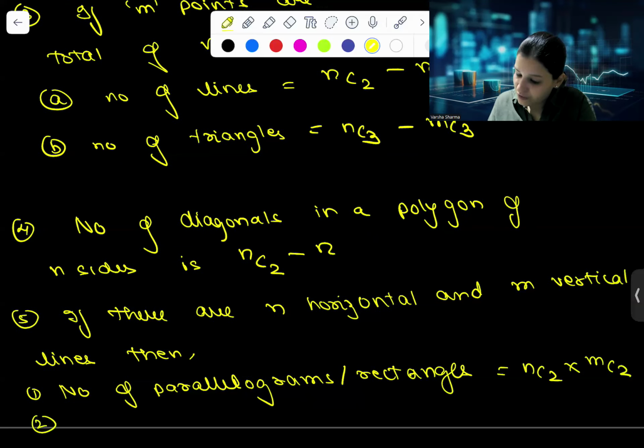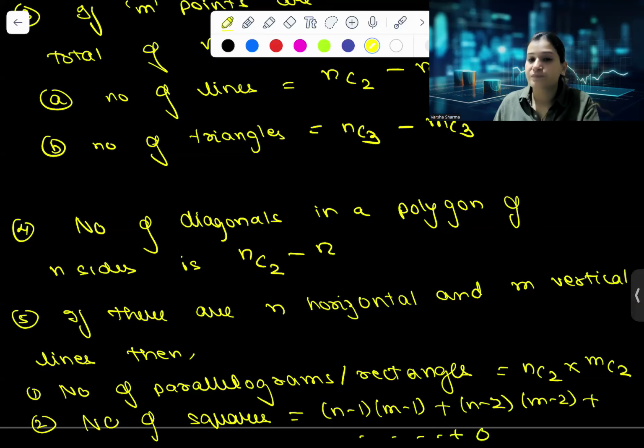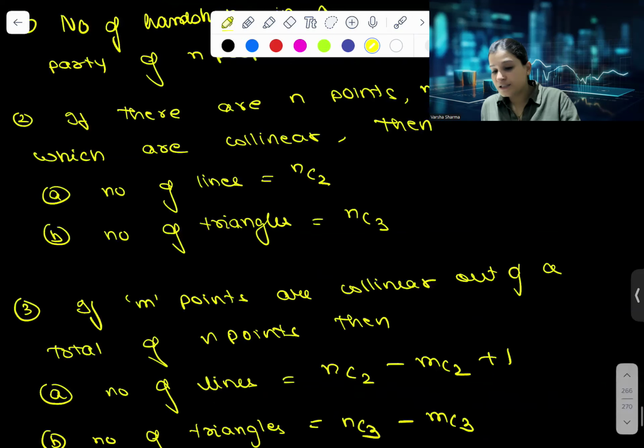And if I want the number of squares, I'll subtract 1 from both of them and multiply. Again, subtract 1 from both of them and multiply, till I get 0. So what did we learn here?